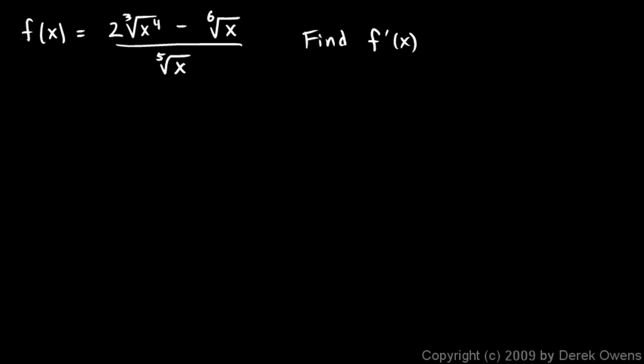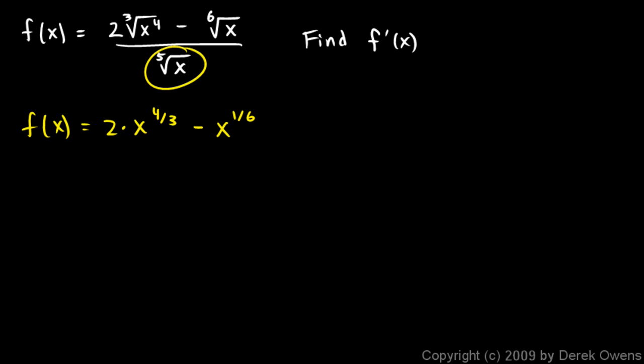I'm going to rewrite the function, and I'm going to rewrite all of these radicals in exponential form. So f of x is equal to 2 times x to the 4 thirds, because this 4 here is an exponent, and the cube root means a denominator of 3 in the exponent. That's 2 times x to the 4 thirds minus the sixth root of x, which is x to the power of 1/6.